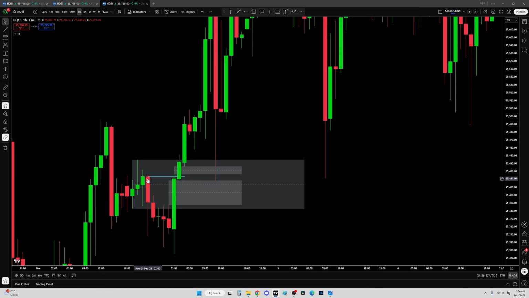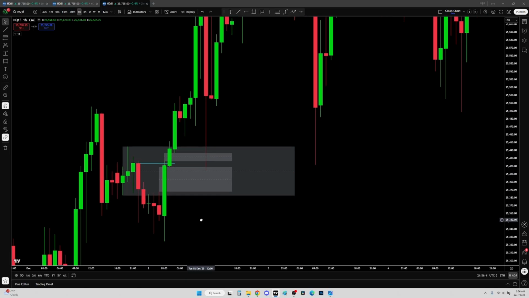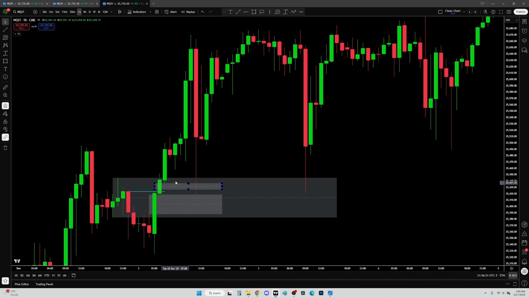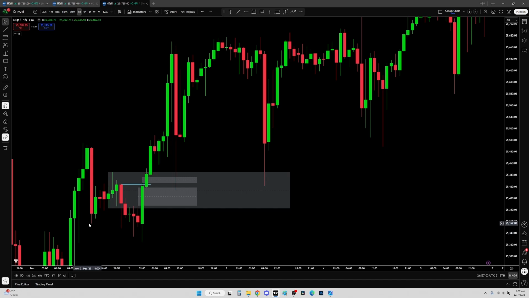Now that we have a change in state of delivery there, and then we also have a fair value gap, we have a breaker block or an order block, however you want to frame it, because you have multiple things that are giving you the narrative that price is going to more than likely go higher, right? So it takes out the swing low here, liquidity, displaces higher, pulls back into it.